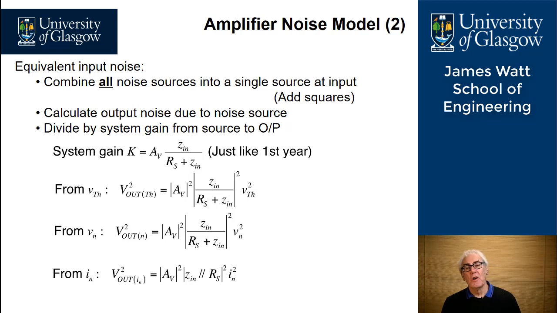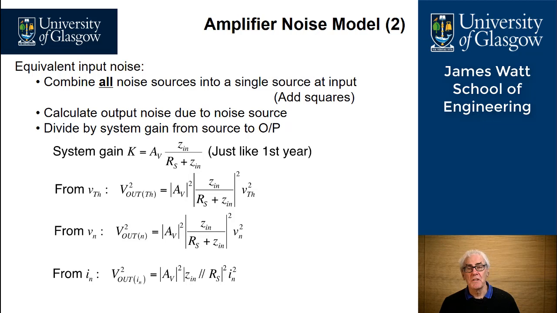So let's first of all take our simple circuit, and our system gain, as we discovered in first year, is K, which is equal to the voltage gain multiplied by the input impedance of the amplifier divided by the source resistance plus the input impedance of the amplifier. That's a simple potential divider formed by RS and Zin.